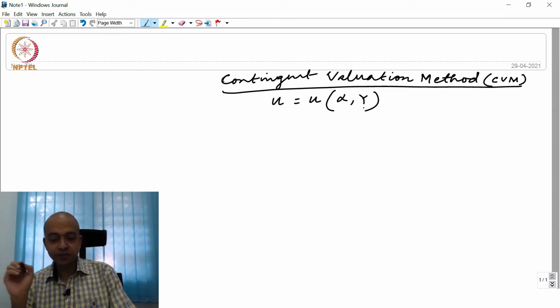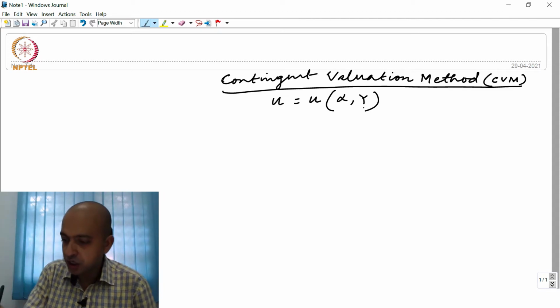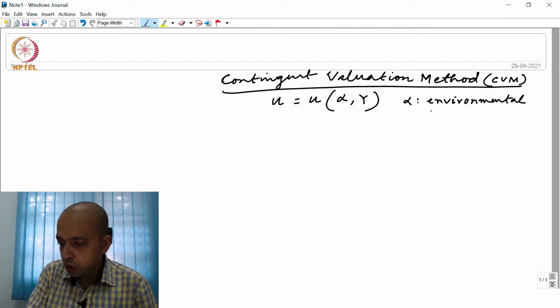So utility is a function of environmental quality. Here alpha is environmental quality, and y is composite good.